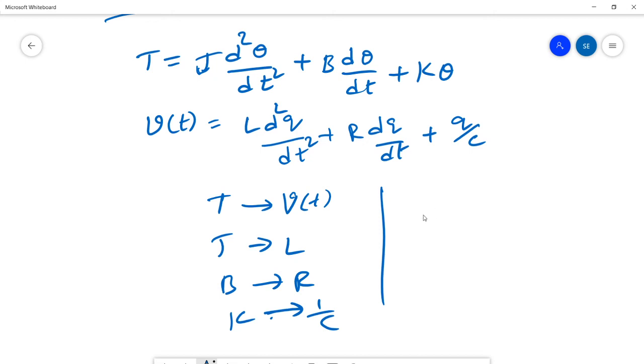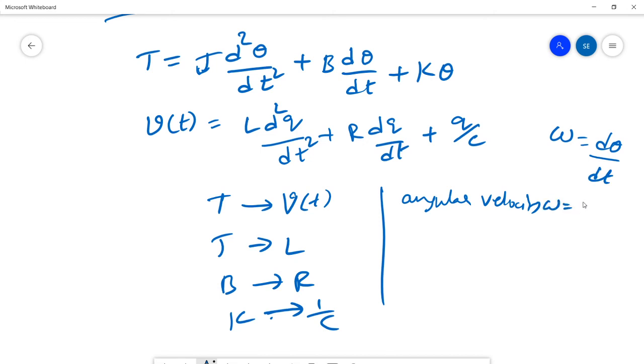Angular velocity, omega, is the derivative of angular displacement, omega is equal to d theta by dt, right?